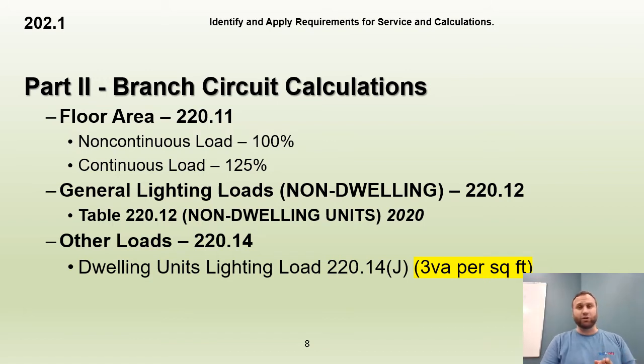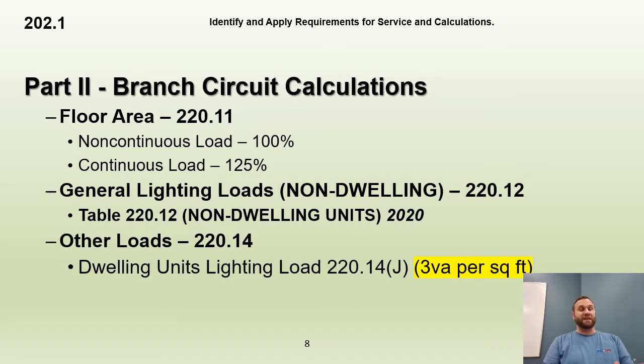This does not include open porches. This does not include garages, crawl spaces, rooms, or parts of the building that were never intended to be used for human living. So those areas are not considered part of the general lighting floor area.